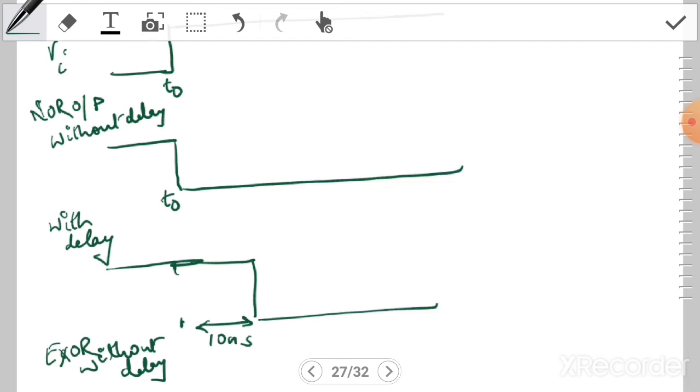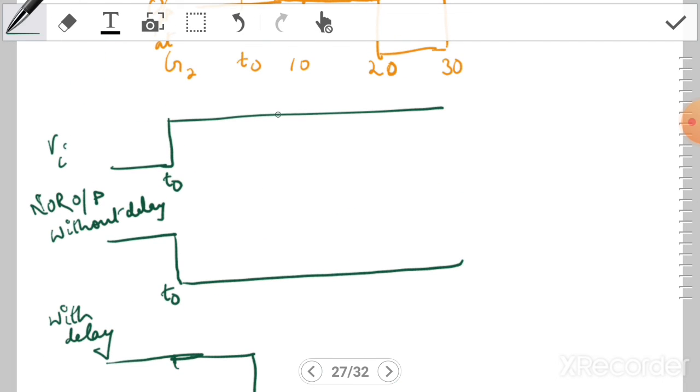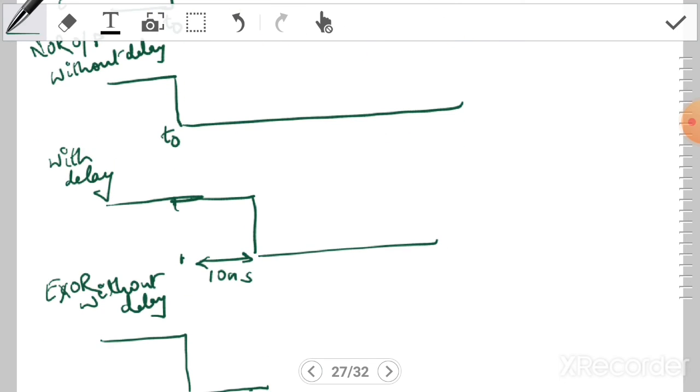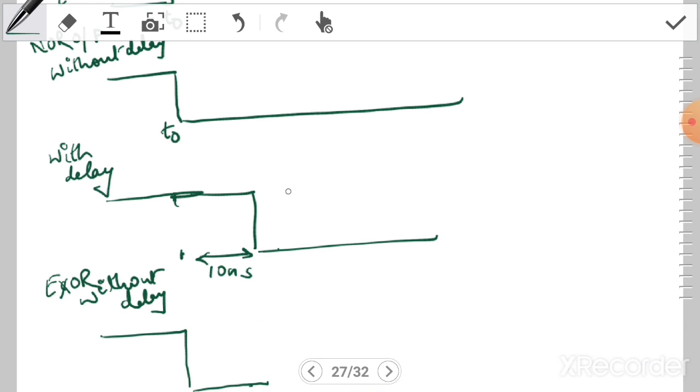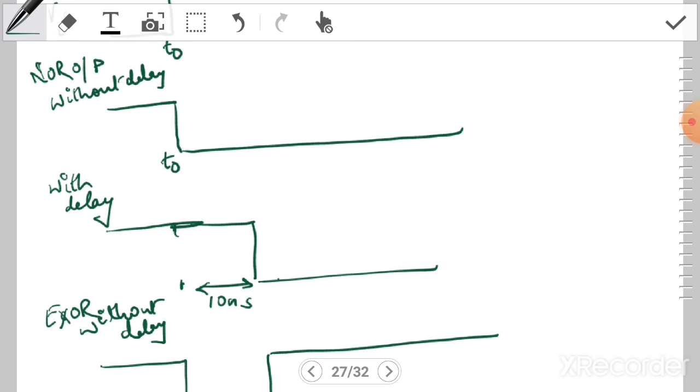Then here the input is 1 and the other is 0, so the output is again 1, because the inputs are different. So this was the XOR without delay, and now XOR with delay.